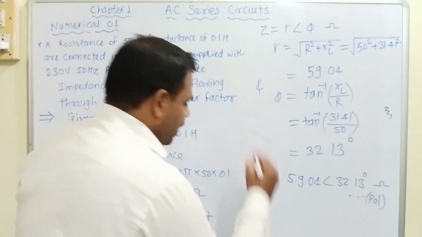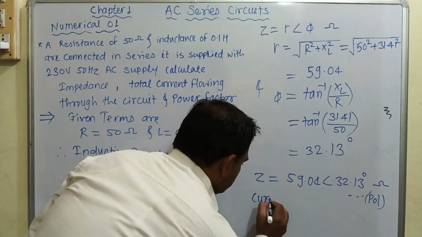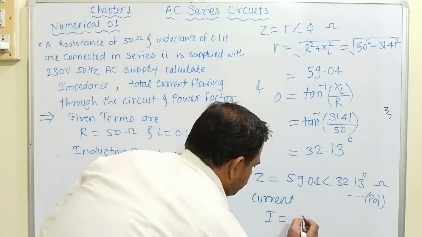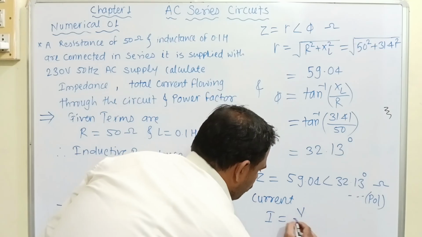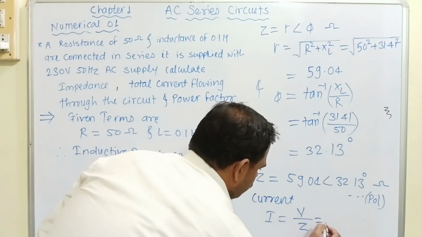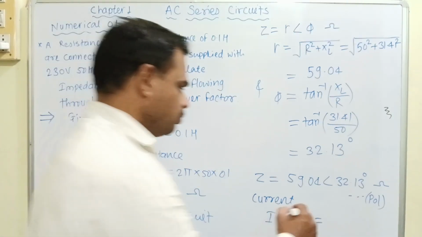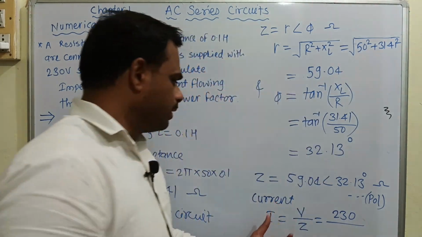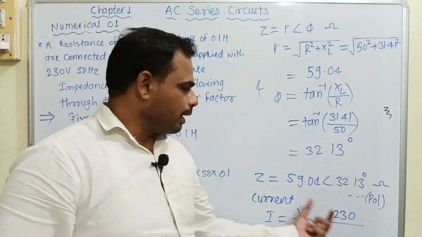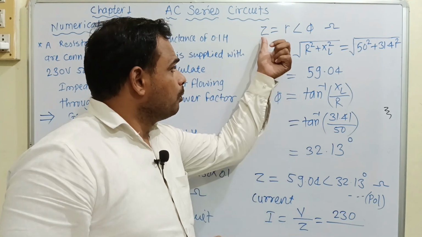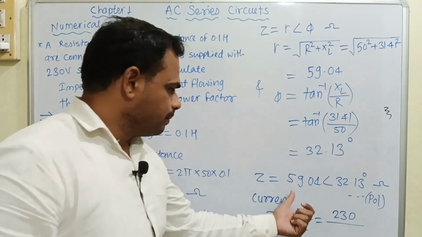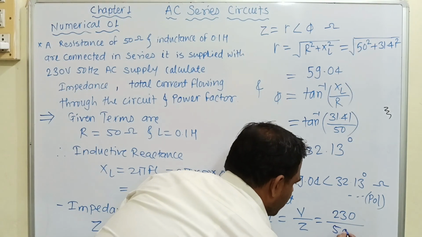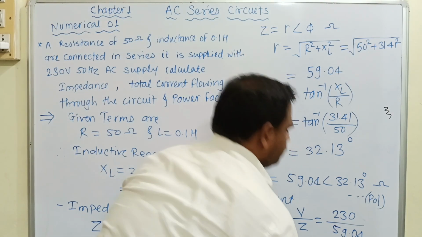Current I is equal to V upon Z is equal to 230 upon this. Here it is division, so we have to take the polar form of the impedance, 59.04 angle 32.13.